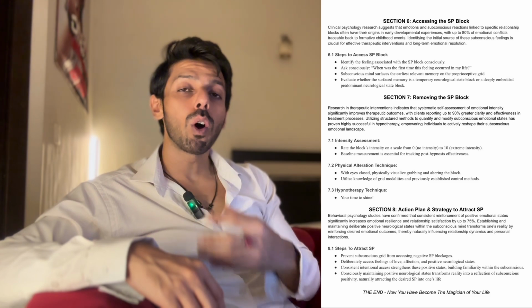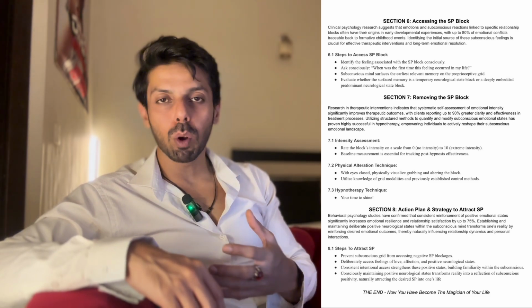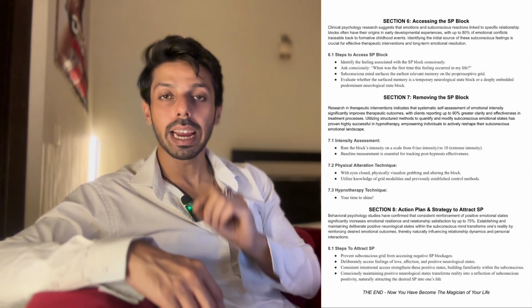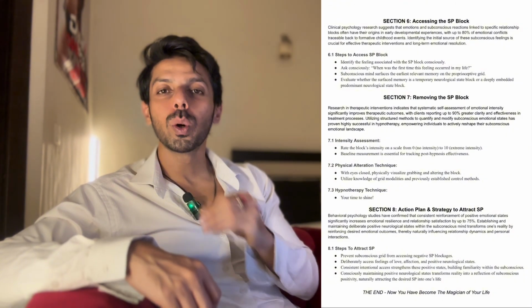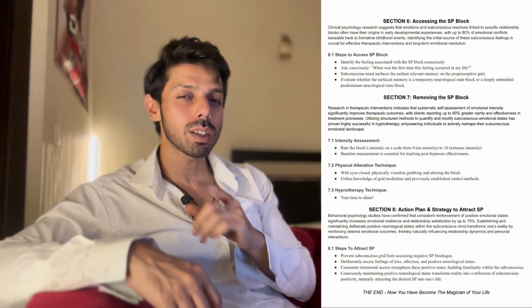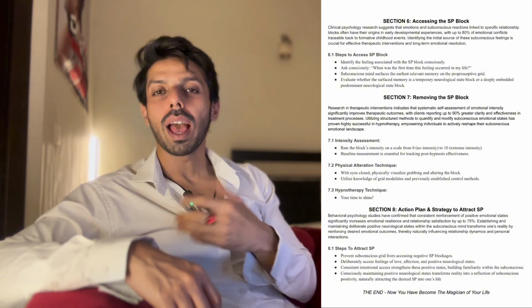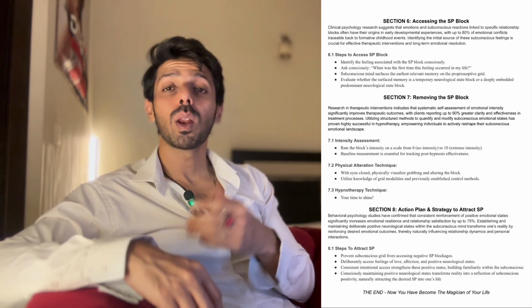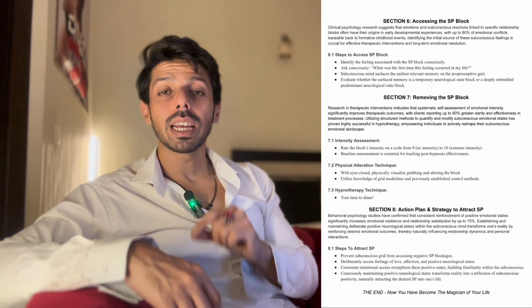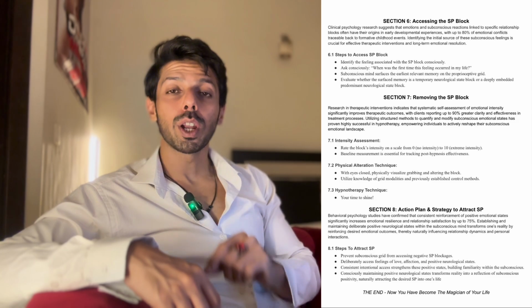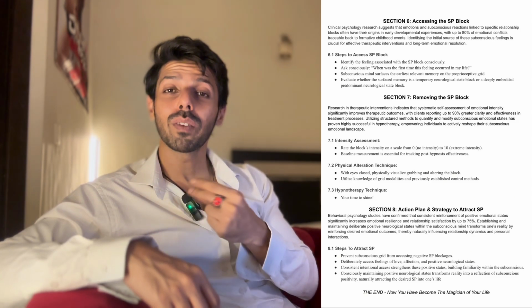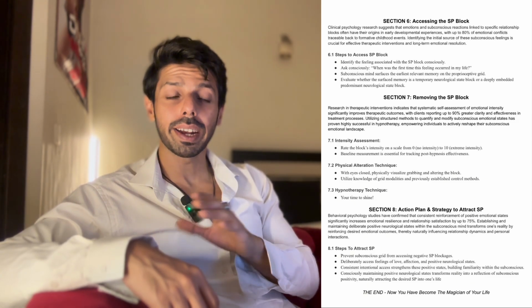So before we can remove any kind of block, we need to rate its intensity. And how do we do that? Remember, your subconscious mind never lies. So we ask our subconscious mind, on a scale of 0 to 10, how intense is this particular feeling? Your subconscious mind will give you a number, and we are going to try it out.